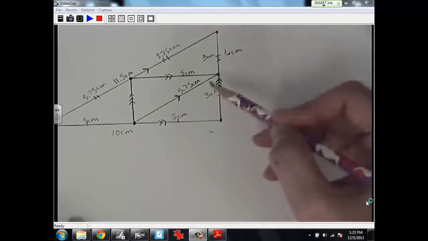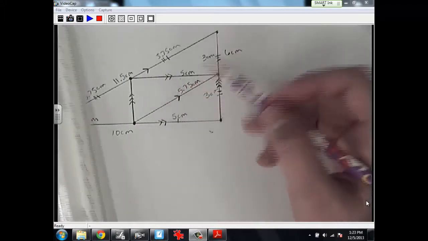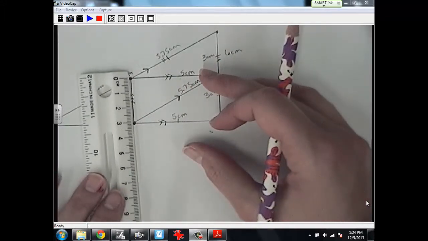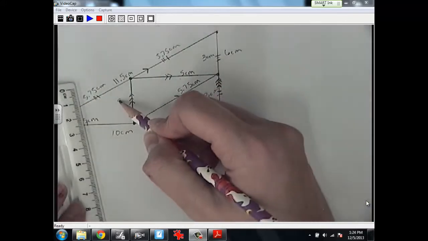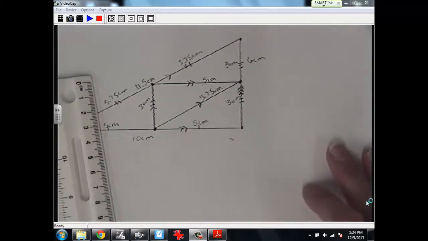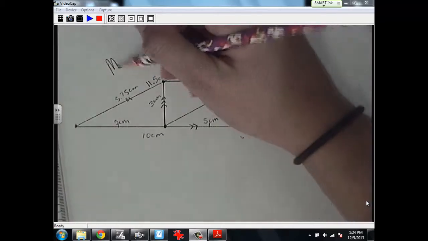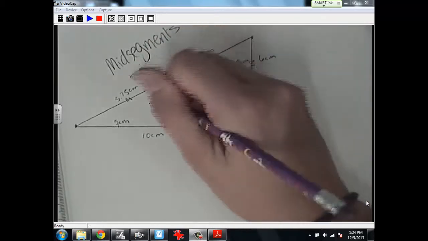If this whole thing is 6, I'm assuming this is 3, but I better measure it and check. Hey, look at that. It's 3 centimeters. It's half as big as that one, and it's parallel. What did we just do? We drew in our mid-segments. Every triangle has 3 mid-segments.